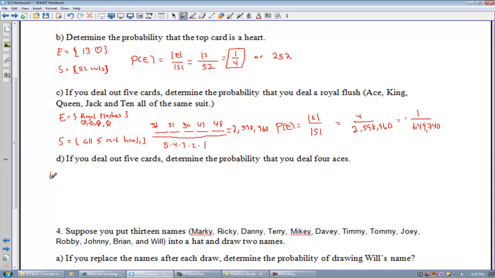Okay, so our event is that we have 4 aces. And so what we have to do here is count, in a sense, the hands with 4 aces. And still S is equal to all 5 card hands.